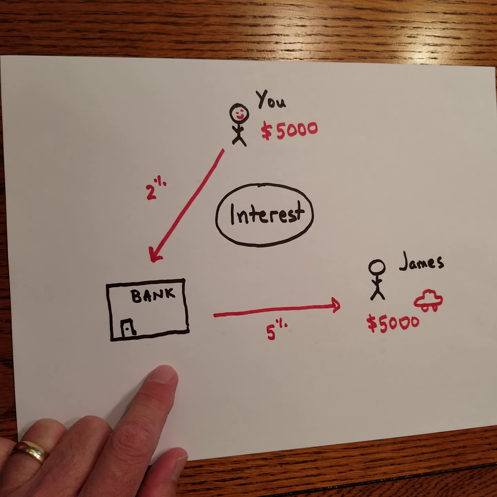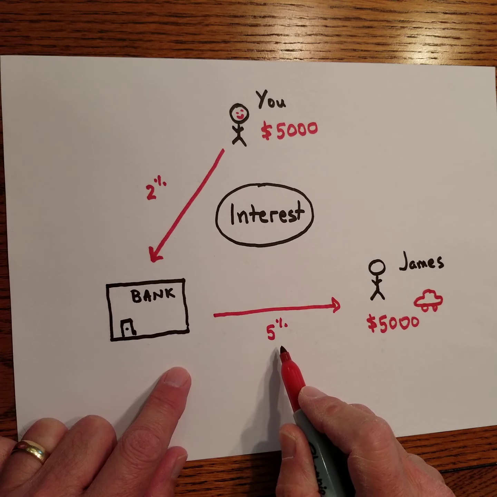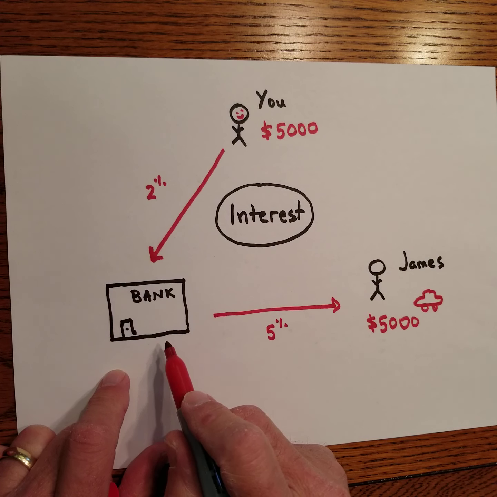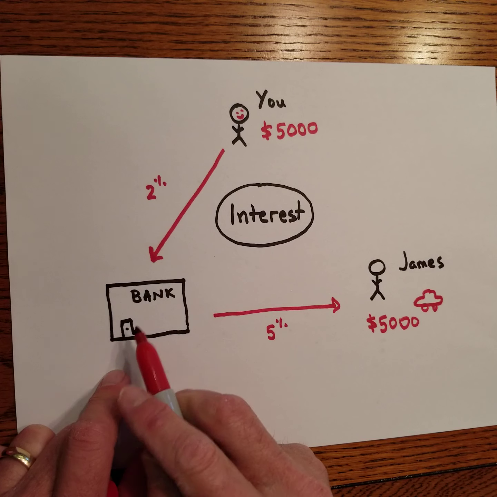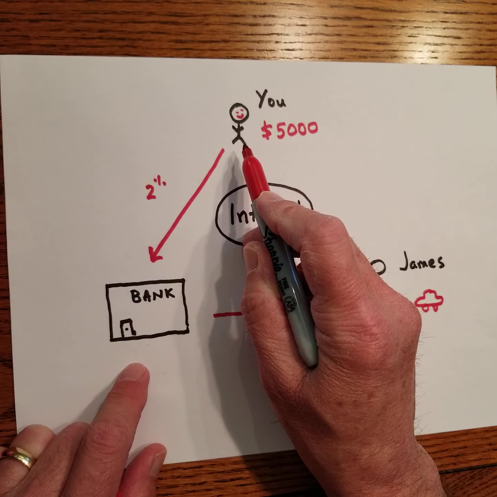How do you compute interest? Well, when James pays back the money, he pays back the $5,000 plus an extra $250. He pays the bank back $5,250. The bank is so happy to make that extra $250 that they pay you 2%, which is $100.